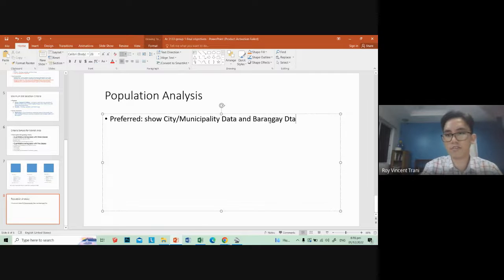Just the graphs will be okay. Or if you don't have municipality or barangay data, option 2 is the province data compared to the city data.